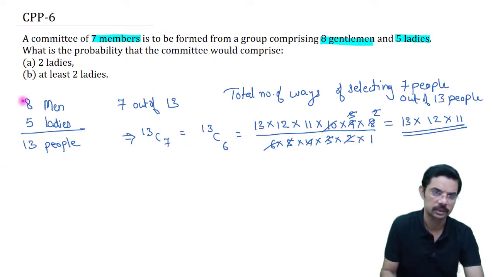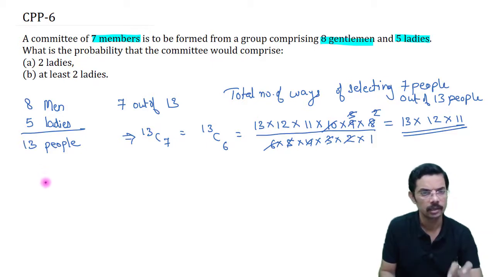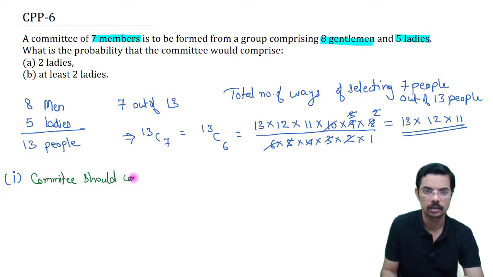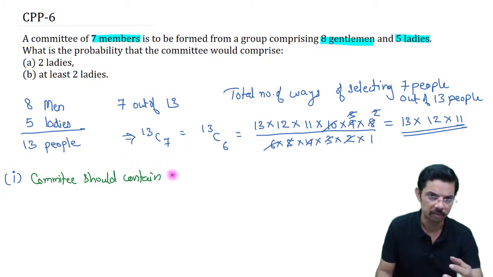Now in the first case, the group should contain exactly 2 ladies. The committee should be formed of 7 members, of which exactly 2 are ladies.